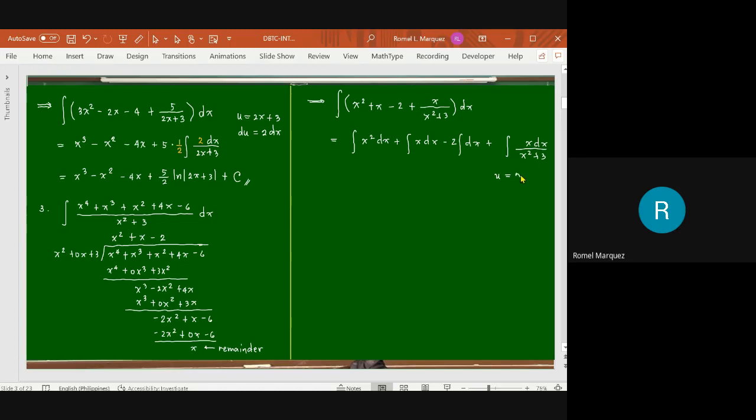Let's take u as x squared plus 3, checking the differential if it is in the numerator. So that is 2x dx. But looking at the numerator, it's not exactly the differential of the denominator. So what do we need to supply to complete the du? We multiply by 2 and then balance outside by 1/2.